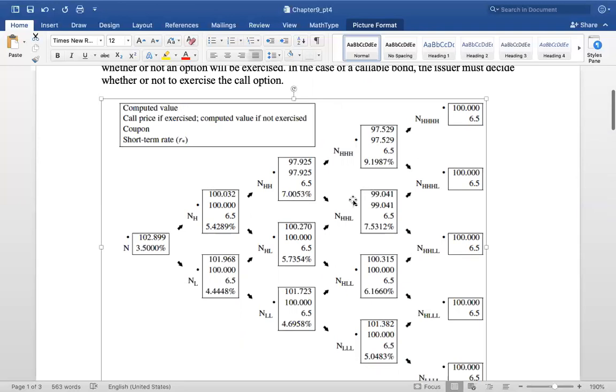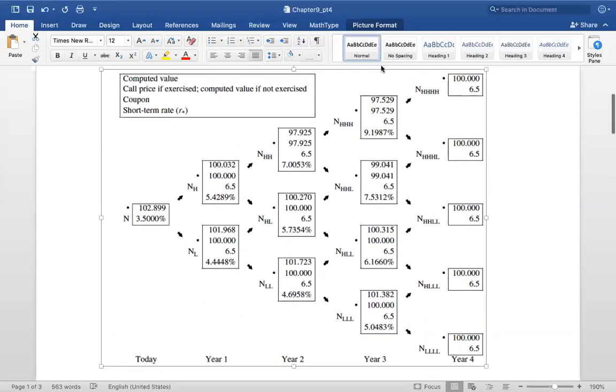Let's take year 3 as our example of how these calculations are made. At this node, the backward induction method produces a value of 100.315. However, given the simplified call rule, this issue would be called.